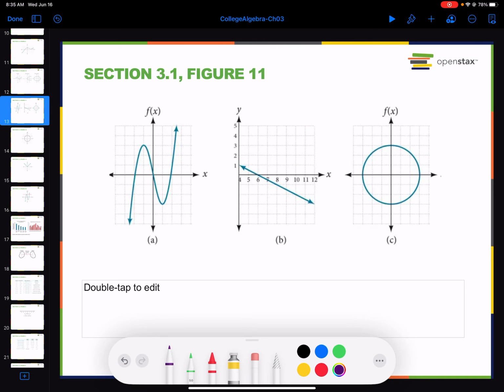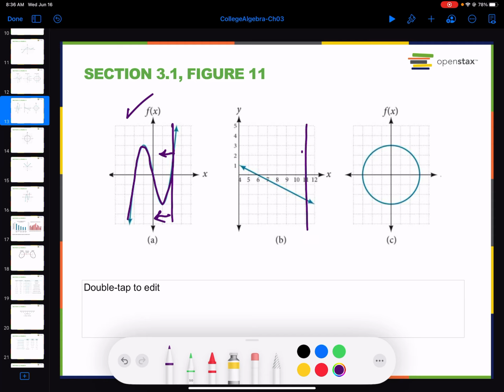Let's look at these ones. If you have a pen or a pencil, you can visually run that along your line. That works well. Otherwise, if you needed to draw a line, that works too. You can see that as we move this vertical line across the graph, we're only going to be hitting in one place at any one time, so this one is a function.